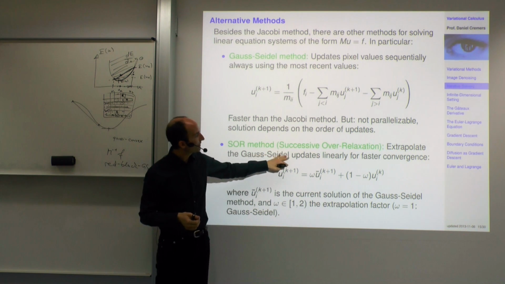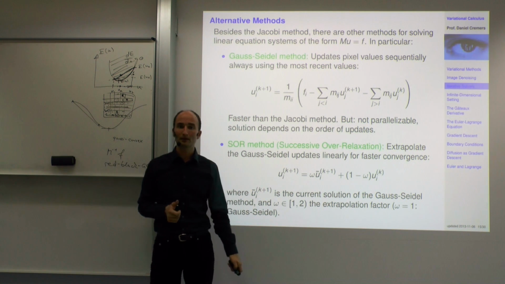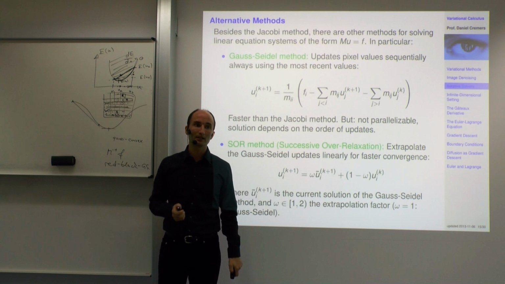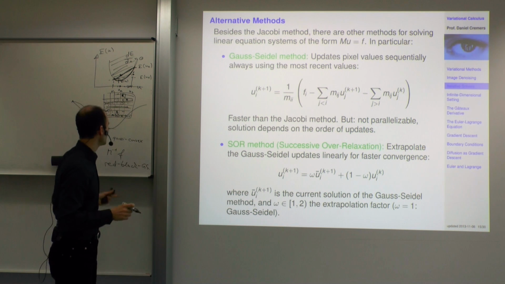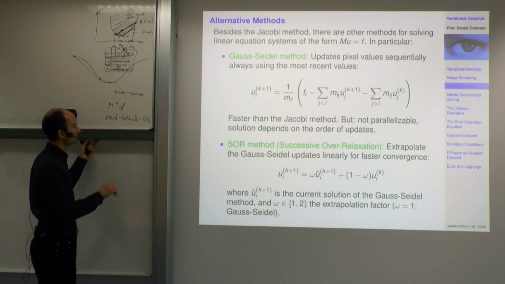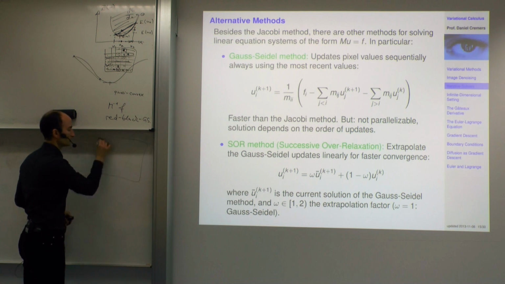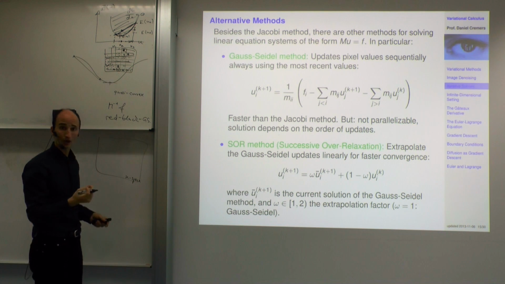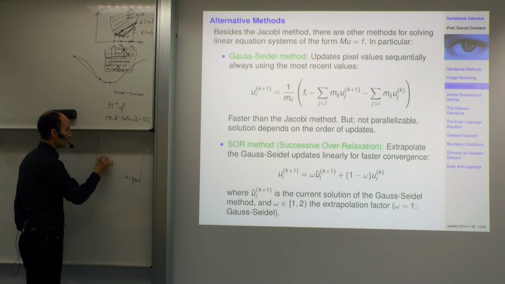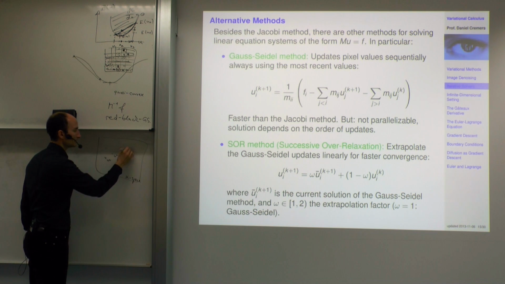There is another variant I wanted to mention of this Gauss-Seidel method, which is a very clever, very simple trick that actually accelerates the process. This is called successive over-relaxation. The idea behind the over-relaxation is that in my space of functions U, let's call this the U space, these are my functions where I've solved the problem, I have an iteration. So here is U at time 0, here is U at time 1, here is U at time 2.